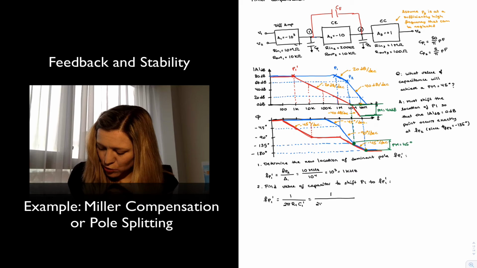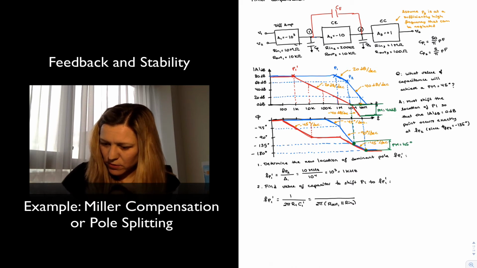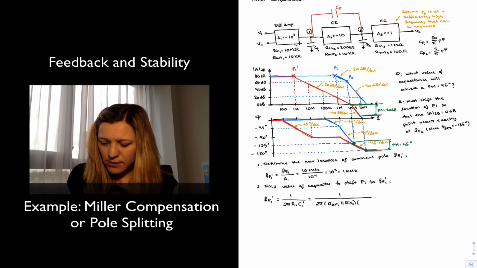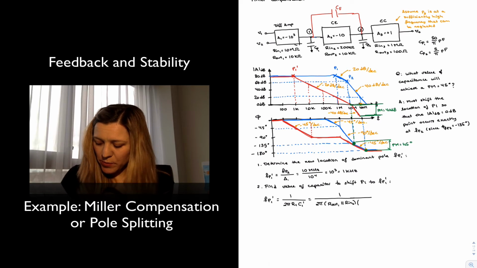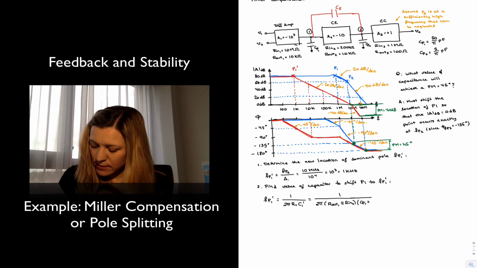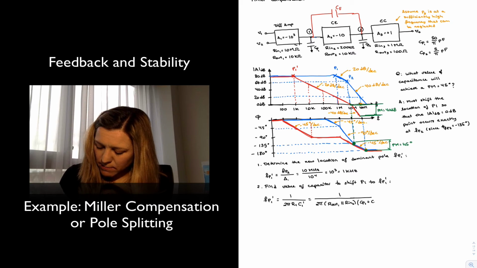That's going to be 1 over 2 pi. R1 is still the parallel combination of R out 1 and R in 2. And my new value of capacitance is going to be the sum of CP1 plus the Miller capacitance that I see at that node, C Miller 1.